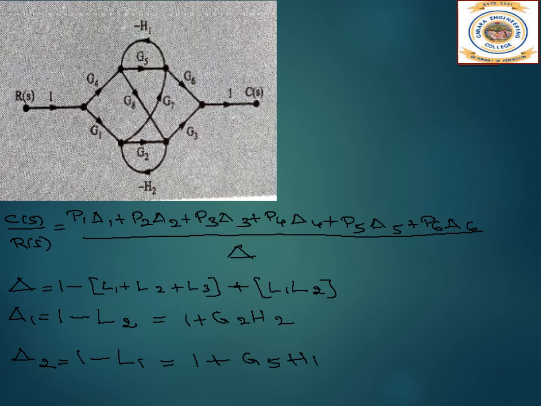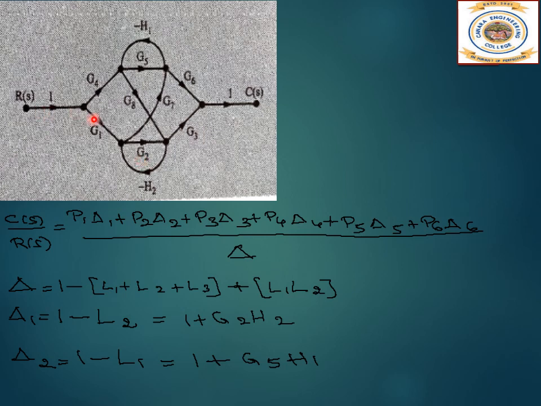Then delta 3. What is the forward path 3? We will check here. See, forward path 3 is G4, G8, G3. So both this node is touching, this node is touching. So all the loops will become 0. Then fourth path G1, G7, G6. This node is also touching this node. So both the loops are touching there, right? Then P5.